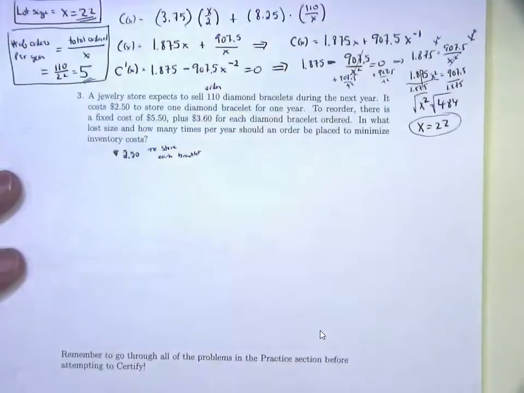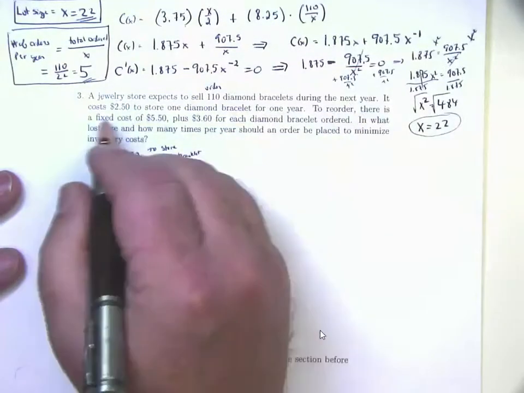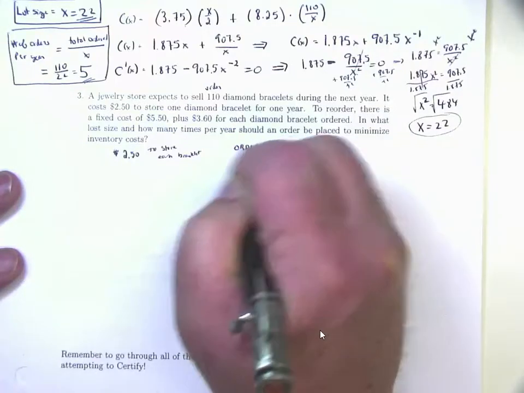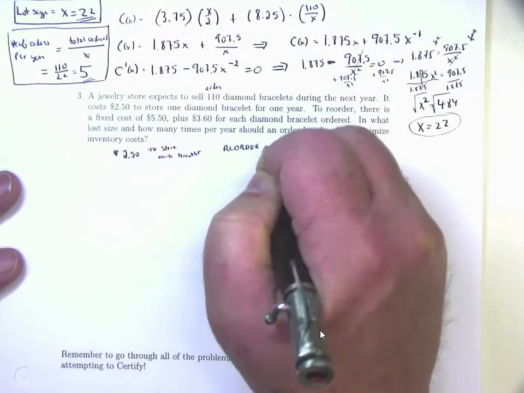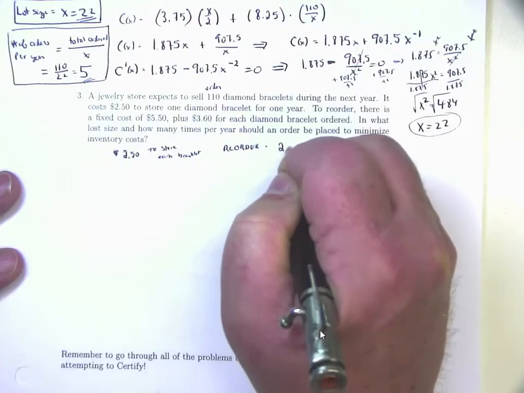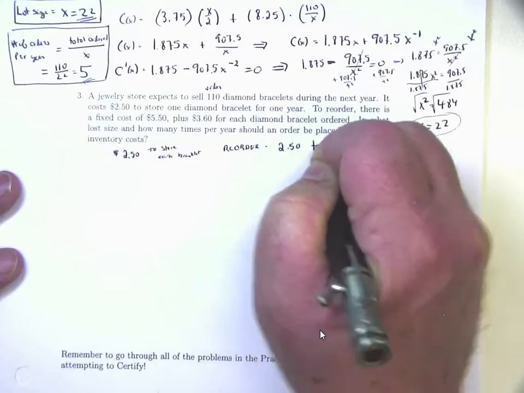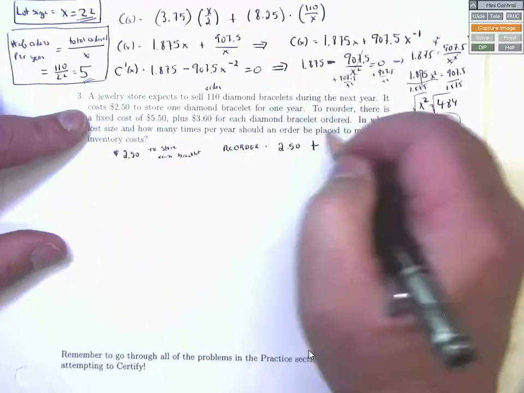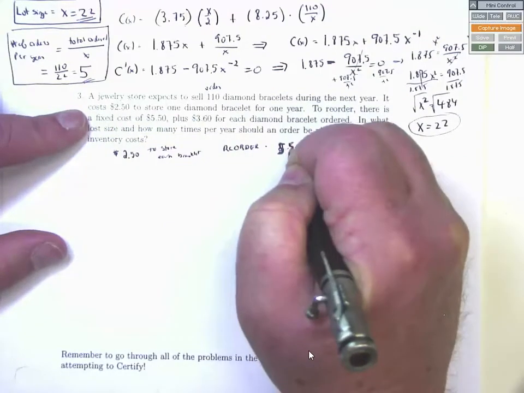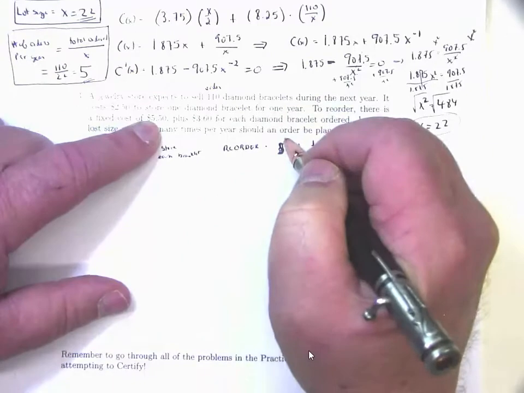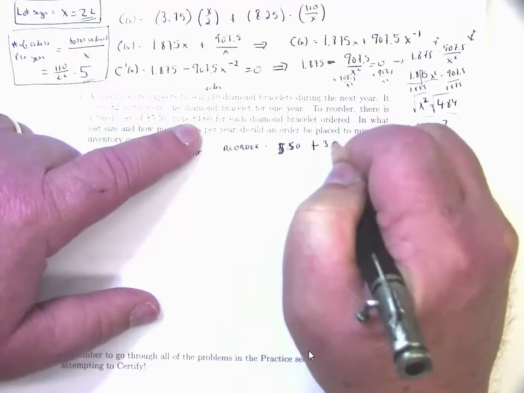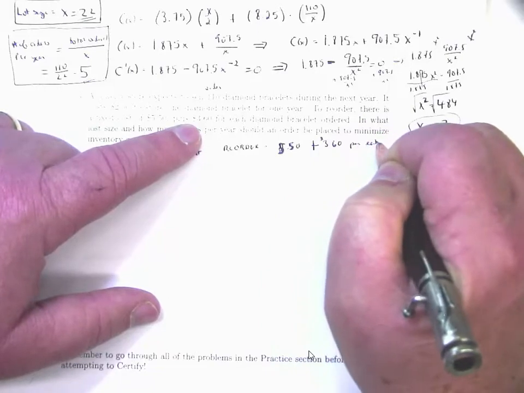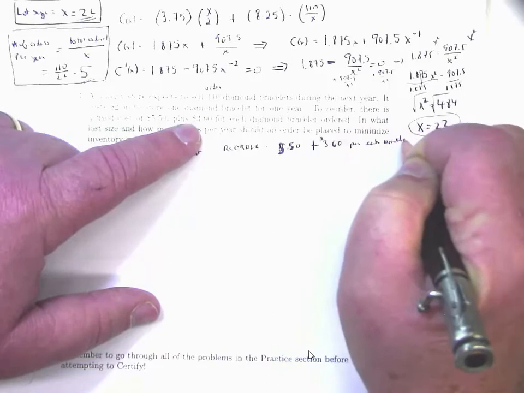Okay? Keep going. To reorder, there's a fixed cost, so to actually do our reorders, we've got a fixed cost of, excuse me, $5.50. Looked at the wrong number there. $5.50 to order, fixed cost, plus $3.60 per each bracelet we order.